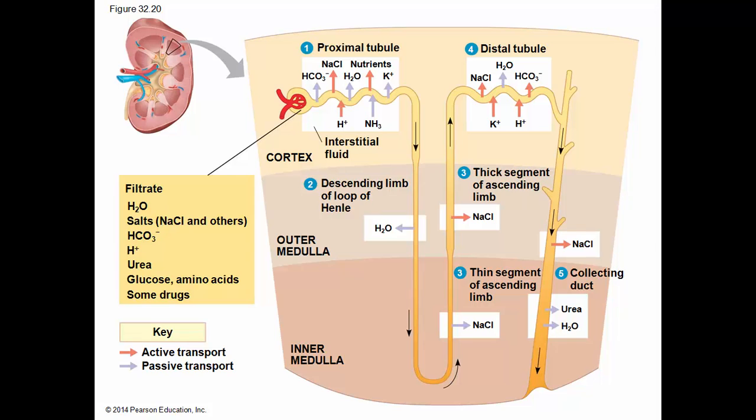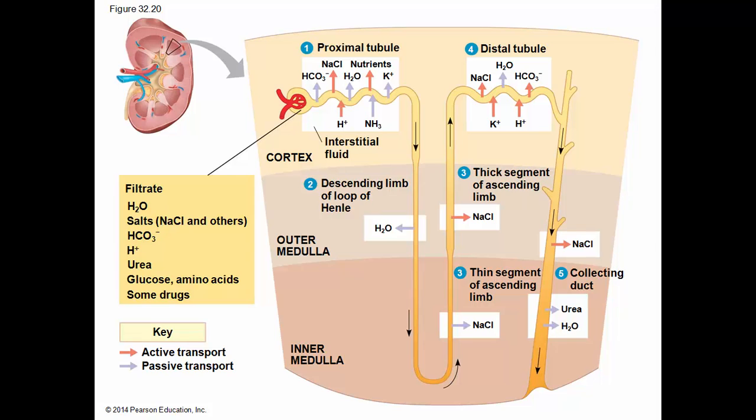Now, in the ascending limb of the loop of Henle, the filtrate reaches the tip of the loop and then returns to the cortex along the ascending limb. Unlike the descending limb, the ascending limb has a transport epithelium that lacks water channels. As a result, this region of the epithelium membrane facing the filtrate is impermeable to water.